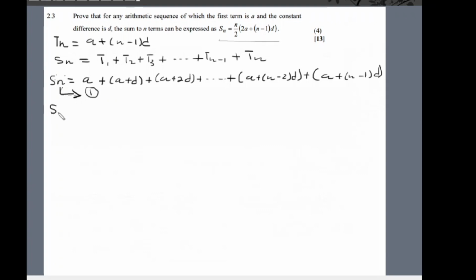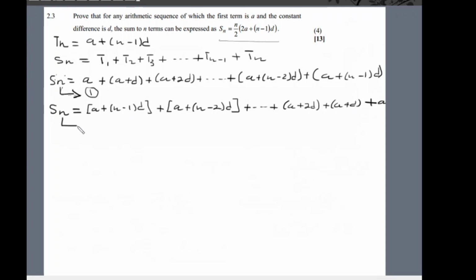Now, writing the same equation in reverse order, you will have (a plus (n minus 1)d) plus (a plus (n minus 2)d) plus all the way to (a plus 2d) plus (a plus d) plus a, right?